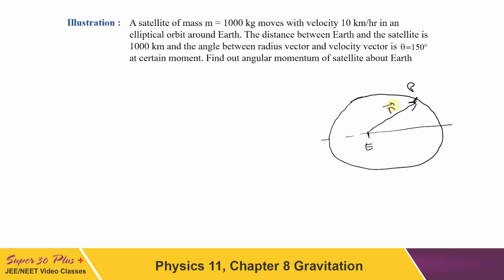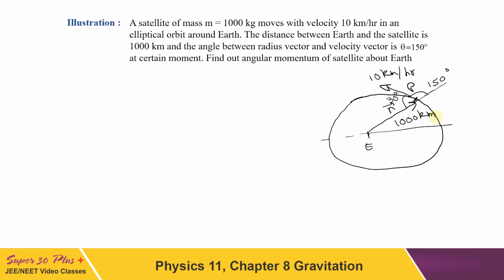Now as we know, velocity should always be tangential to the path, so this will be the direction of velocity. The angle given between radius vector and velocity is 150 degrees, so this angle can be written as 30 degrees. Speed is also given, which is equal to 10 km per hour, and this distance is equal to 1000 km.